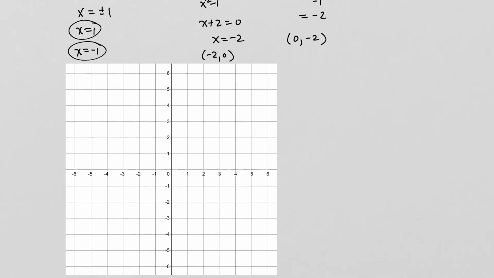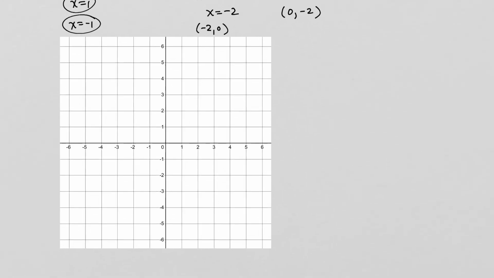So to do this, we'll go ahead and put down our vertical asymptotes first. Those are x = -1 and x = +1. So that is this vertical line here and this vertical line here.